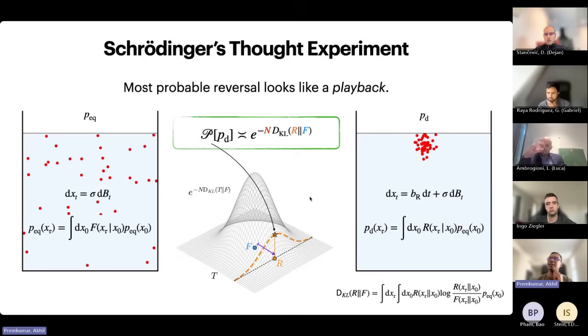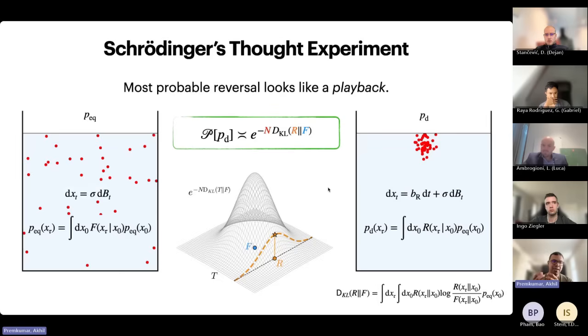Okay. And at this point, I can make one more important point, which is what happens if I choose a different forward process. Remember, we have this intuition now that a more gradual reversal is actually more probable, right?